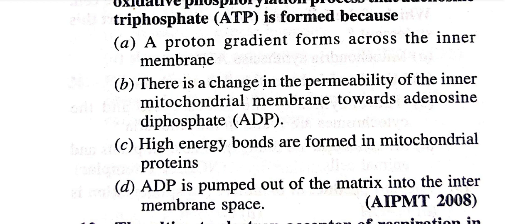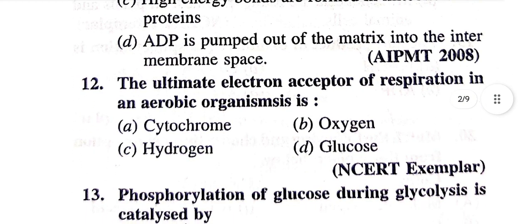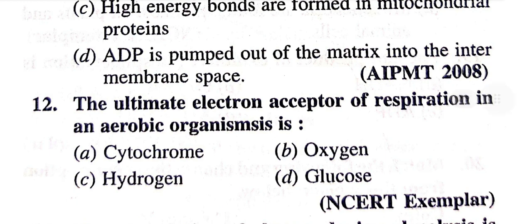ADP is formed out of the matrix into the intermembrane space. So which option is correct? I think option A is correct because a proton gradient forms across the inner membrane, so ATP is formed. Then, the ultimate electron acceptor of respiration in aerobic organisms is oxygen, option B.